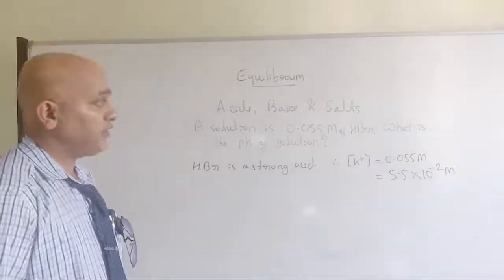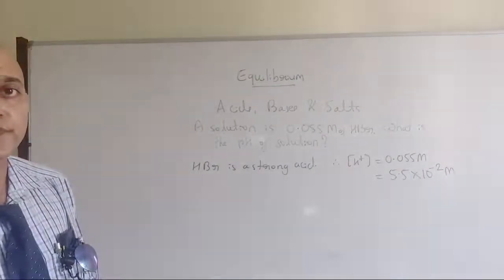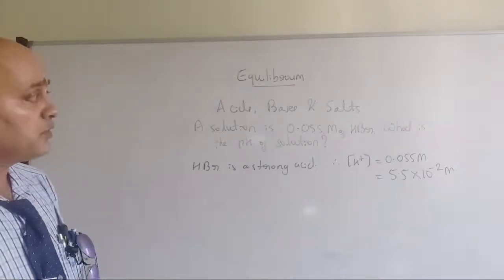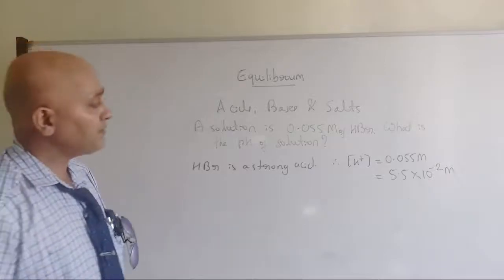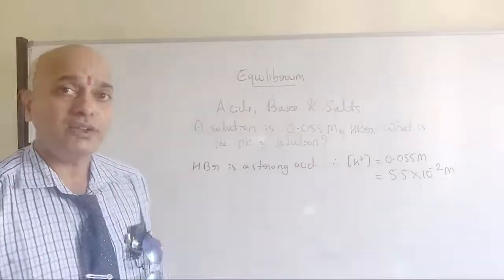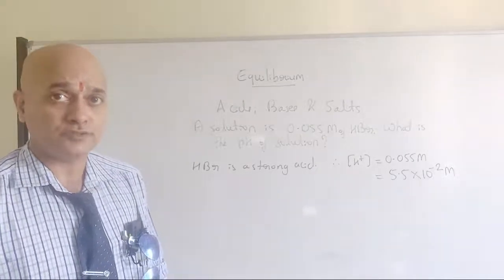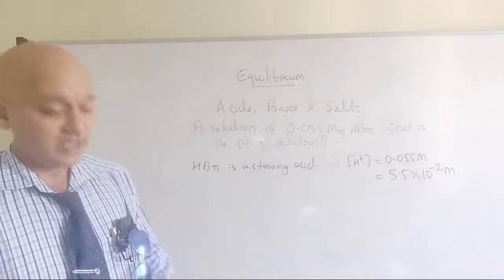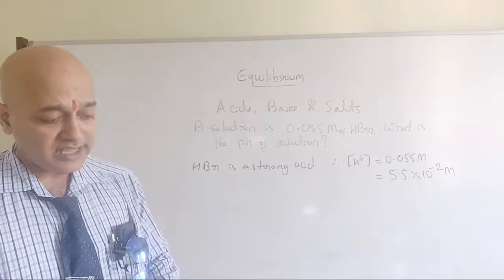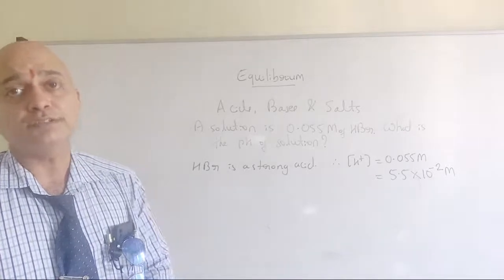I have written it in scientific notation. You can even go with 55 × 10^-3, but I have kept it as 5.5 × 10^-2. That is the concentration of H+ they have given, and they have asked us to calculate the pH of the solution.